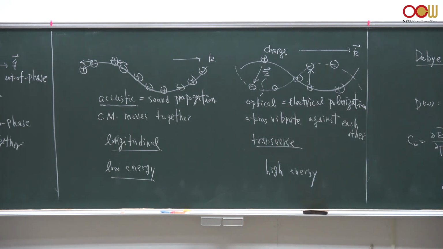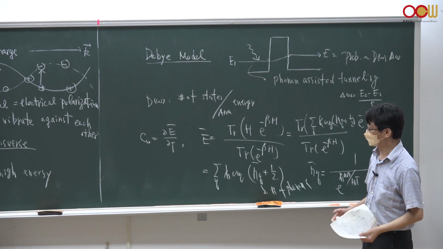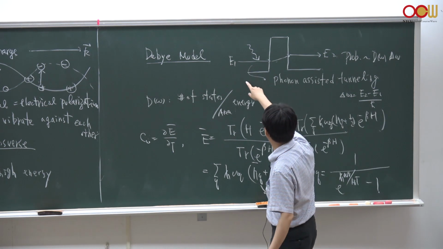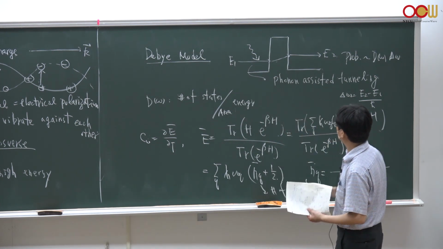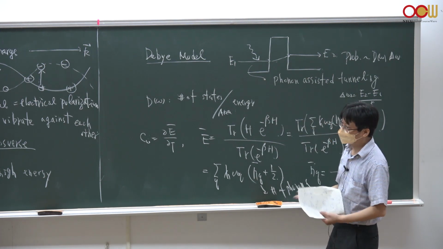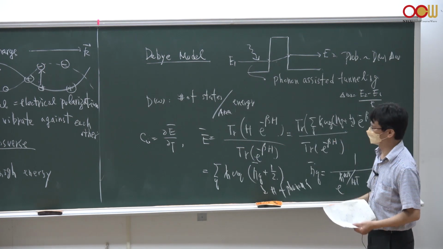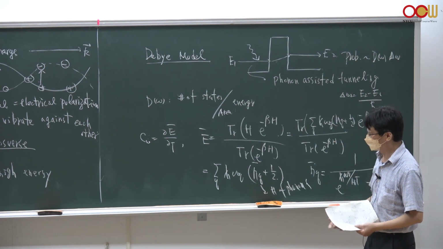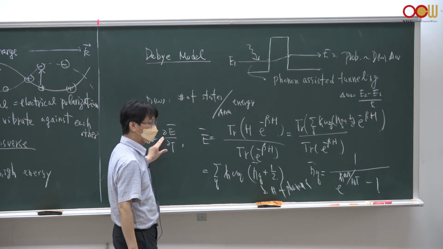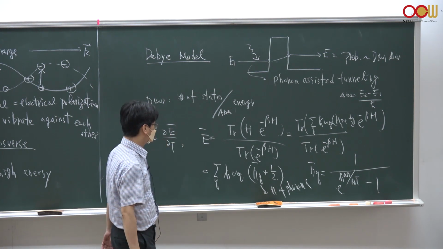The reason why it costs energy is because it generates electrical polarization, which increases the energy of the system. Finally, we will calculate the thermodynamics of this phonon. We will take the Debye model, and then we calculate the phonon contributions to the total energy of the system, and we further calculate the specific heat, CV, of the system by taking the temperature derivative of E bar, where E bar is the average energy of the system.